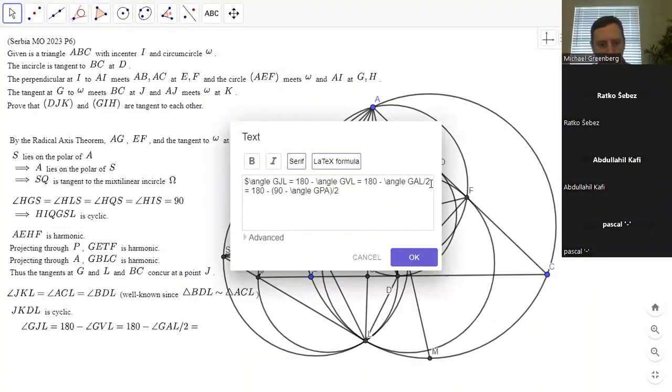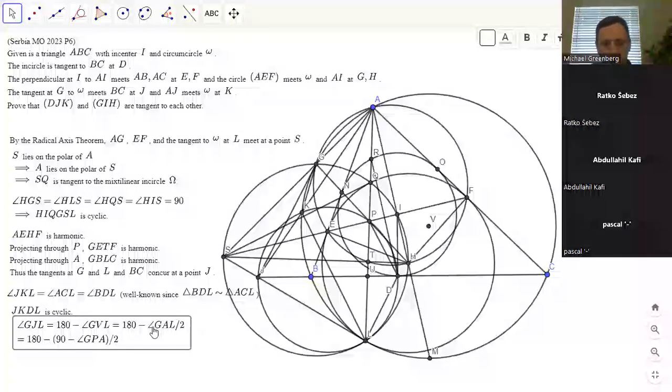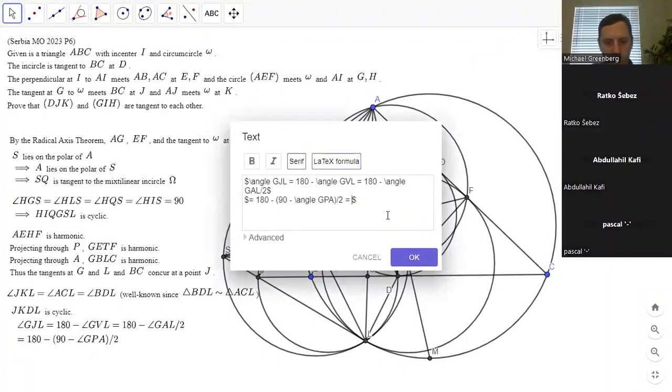Maybe I'll split this into a separate line. See if that worked. Yes. Which is 90 plus angle GPA over 2. Which is, I'll say this is 180 minus 90 plus GPL over 2. So which is 90 minus angle GPL over 2.